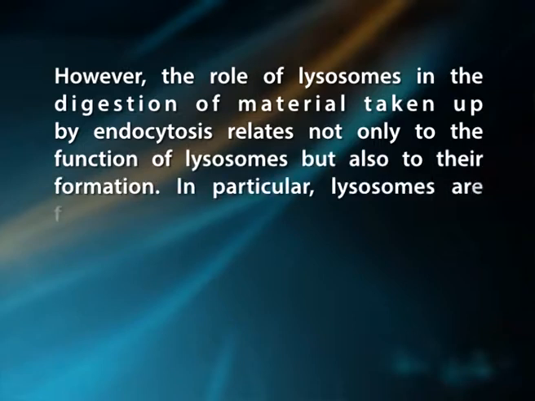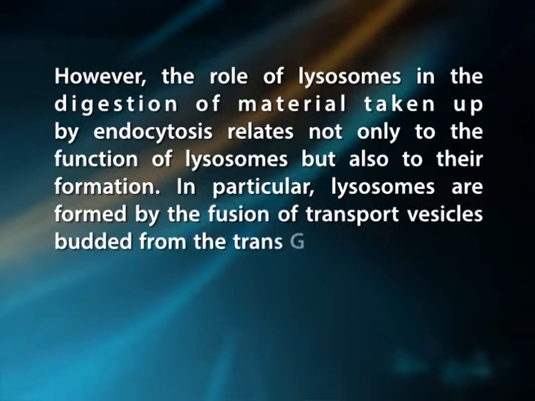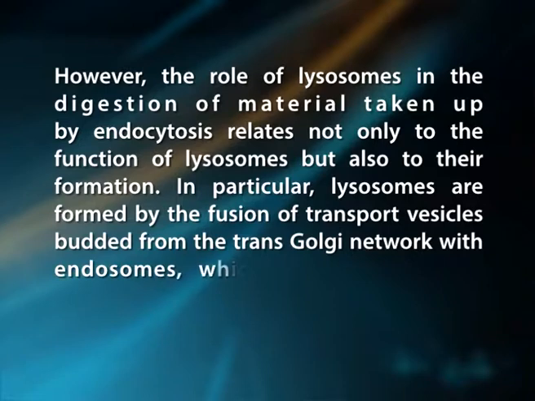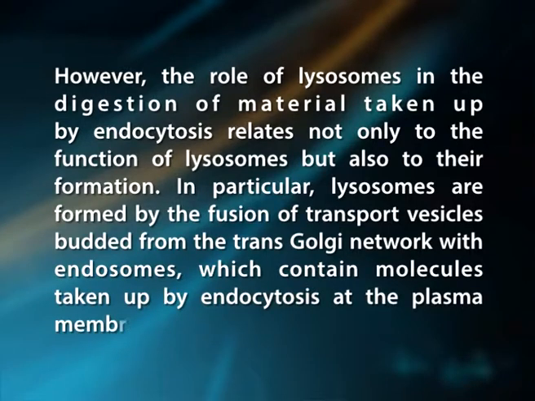In particular, lysosomes are formed by the fusion of transport vesicles budded from the trans-Golgi network with endosomes, which contain molecules taken up by endocytosis at the plasma membrane. The formation of lysosomes thus represents an intersection between the secretory pathway through which lysosomal proteins are processed and the endocytic pathway through which extracellular molecules are taken up at the cell surface.